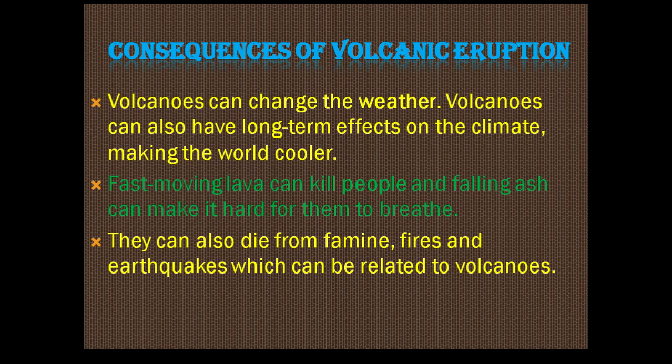Another thing, lava will flow, so it will also damage the crops and the fields, so there would be nothing to eat. So people can also die from famine. Famine is a condition in which there is nothing to eat. People can die from fires and also earthquakes, which are related to volcanoes. And lava can also kill plants and animals too.